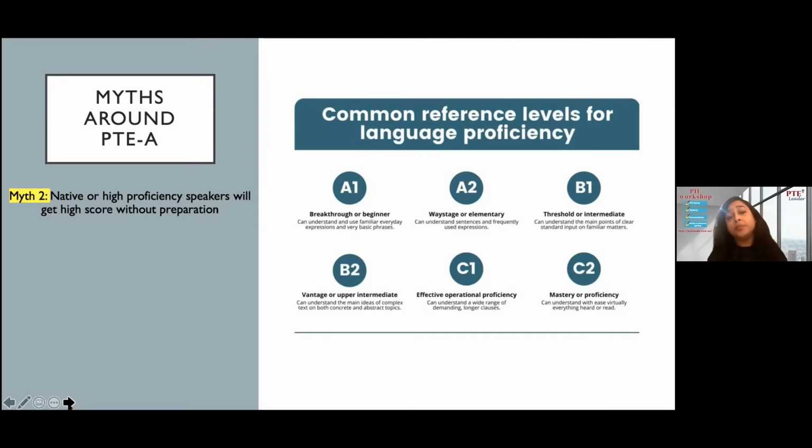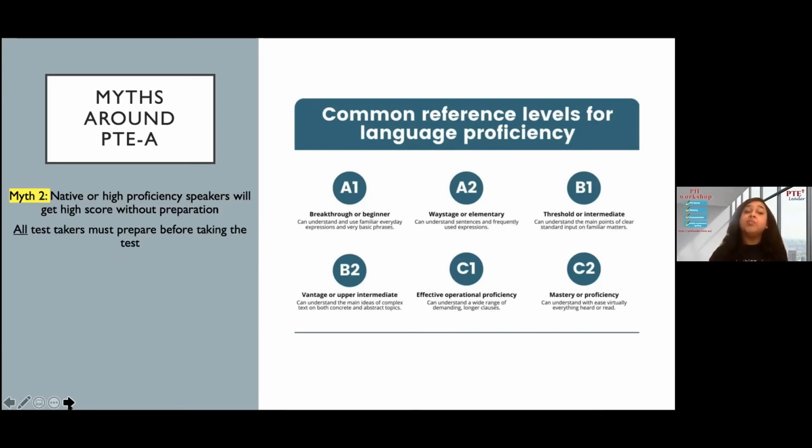This is not true. Don't feel like you are at a disadvantage if you speak less proficient English compared to someone else, that you have to take more preparation. Yes, you have to prepare, but just because someone is very good at speaking English doesn't mean they don't have to take any preparation.